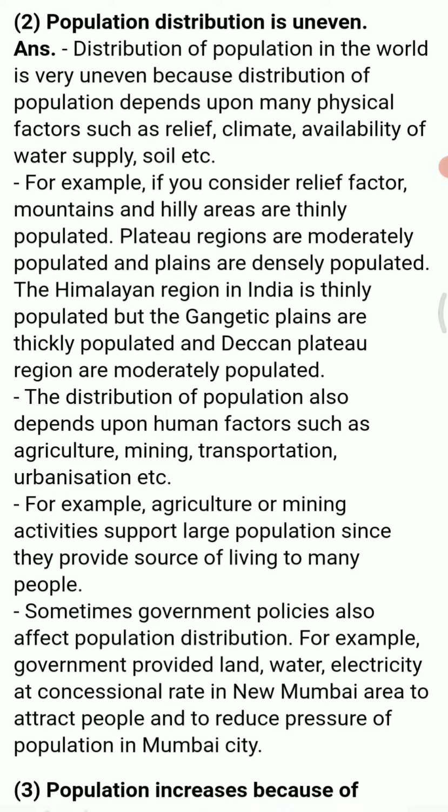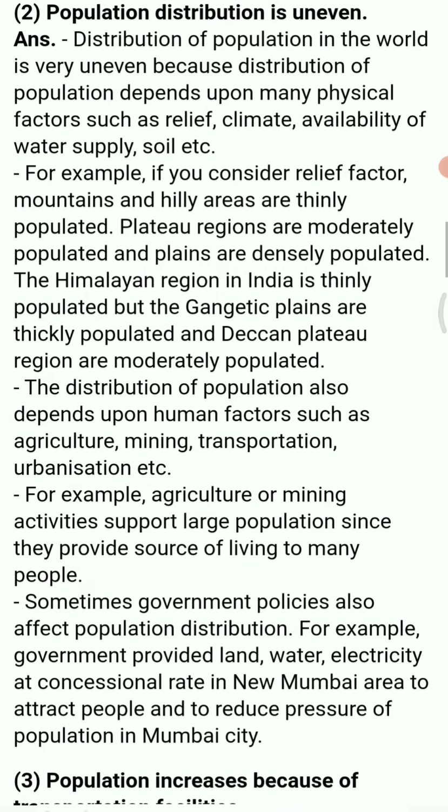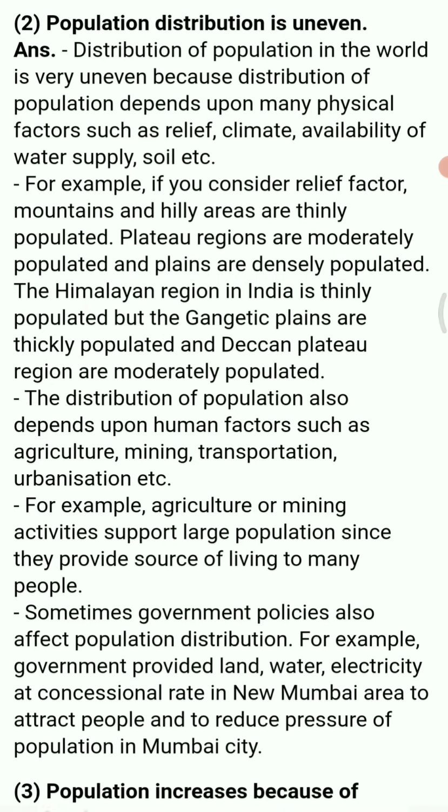The population distribution is based on climate, the availability of water, and relief; it is influenced by all these different conditions. For example, if you consider the relief factor, mountains are very less populated, whereas the plateaus or plains are more populated compared to the mountains.